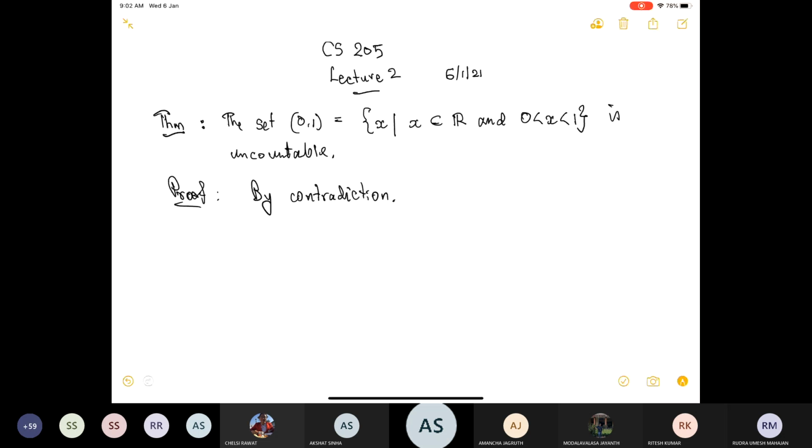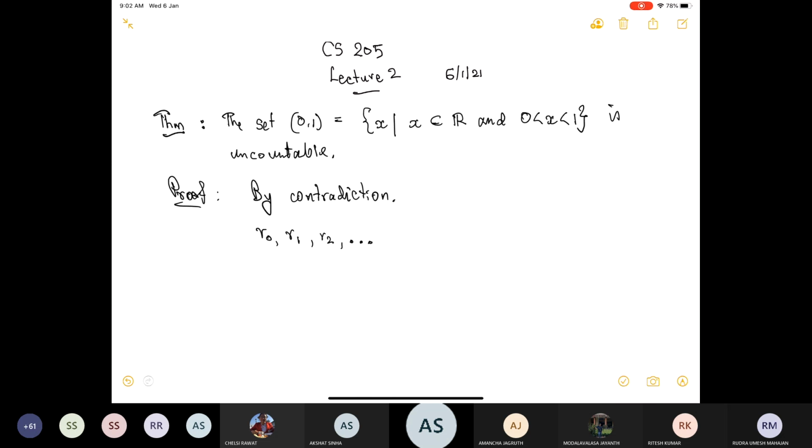So assume that you can enumerate all the real numbers between 0 and 1 in this sequence, say R0, R1, R2, and so on, right?